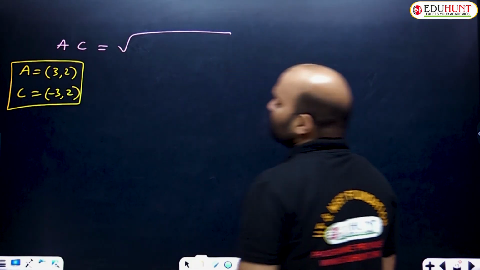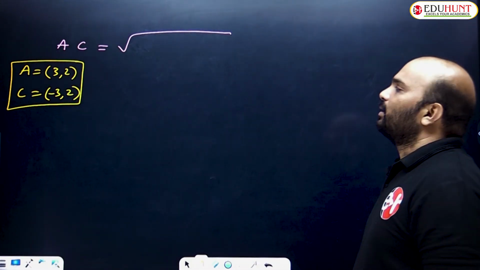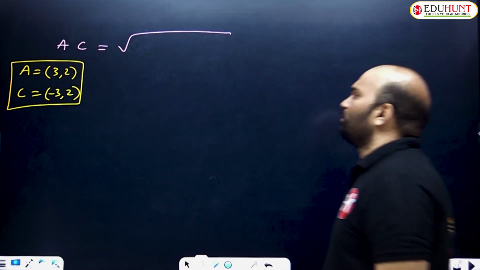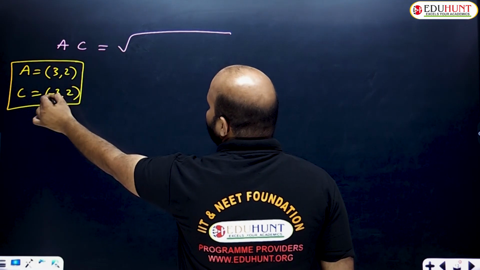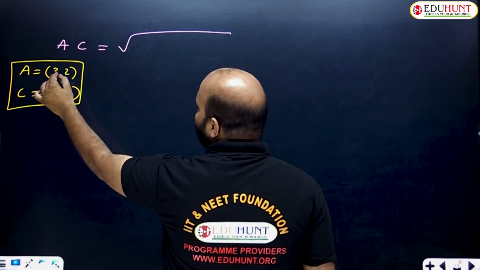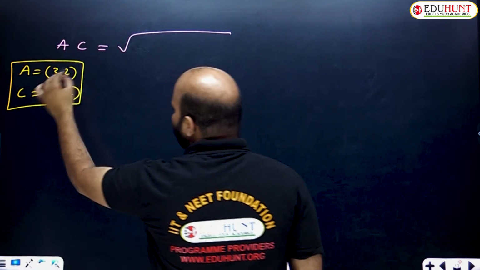What is the distance formula? Square root of (x2 minus x1) whole square plus (y2 minus y1) whole square. Here x2, y2 are the A coordinates and x1, y1 are the C coordinates.